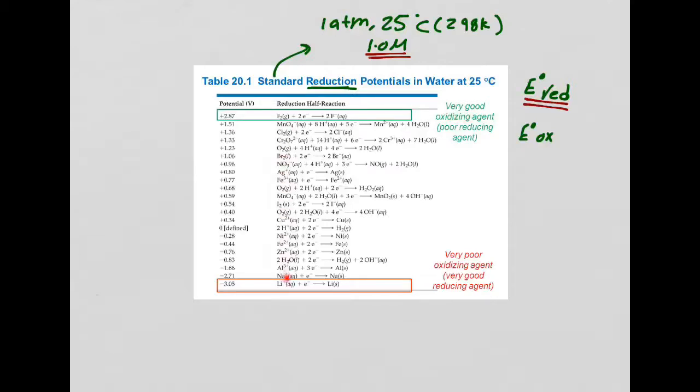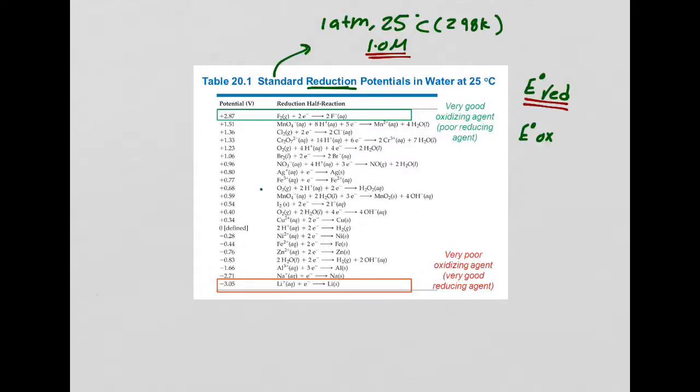Now, as we come down here, these guys don't want to get reduced, right? That's why they have negative values. They don't want to get reduced. What they want down here, they probably want to be oxidized, right? Because if you flip these signs, then this would be plus 3.05 for oxidation. So these guys want to be oxidized.